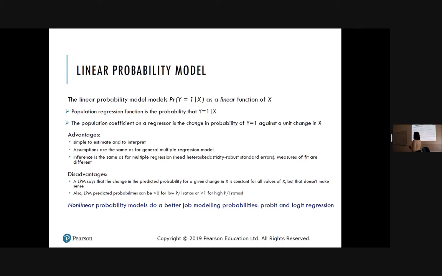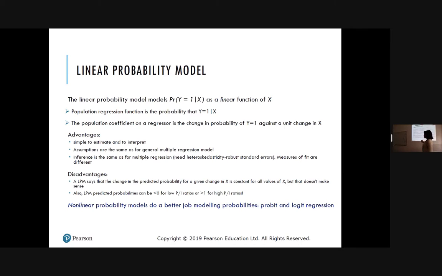It has disadvantages, though: to estimate probabilities that y is equal to 1 or equal to 0, it's better to use something non-linear, so a non-linear probability model, because we want the effect of a change in x on y not to be equal over x, but to be lower for extreme values of x.